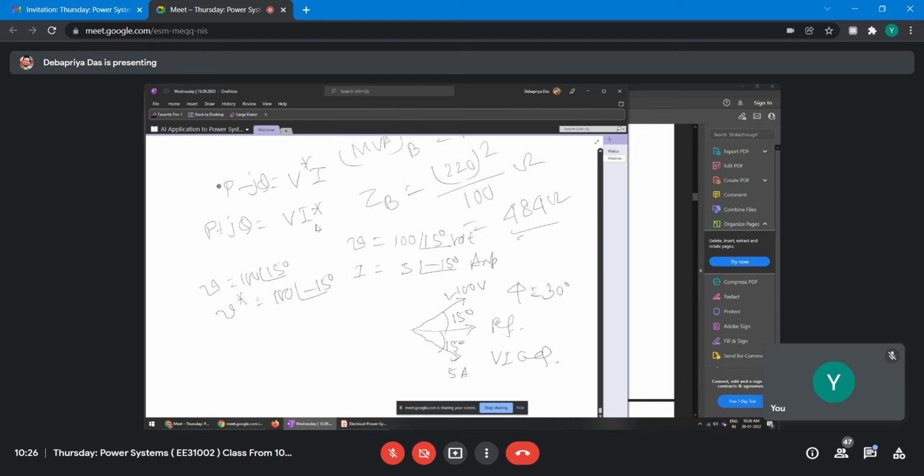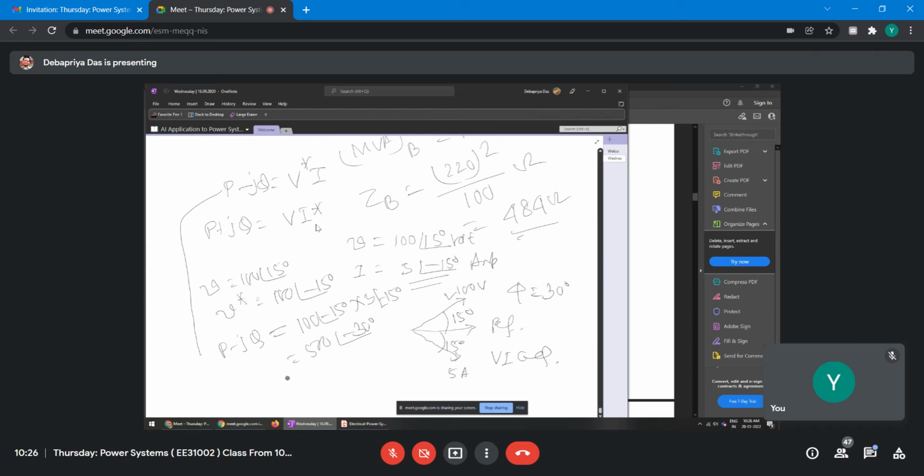This is a convention. If you follow this convention, P minus JQ is equal to 100 angle minus 15 degree into I, which is 5 angle minus 15 degree, equal to 500 angle minus 30 degree.